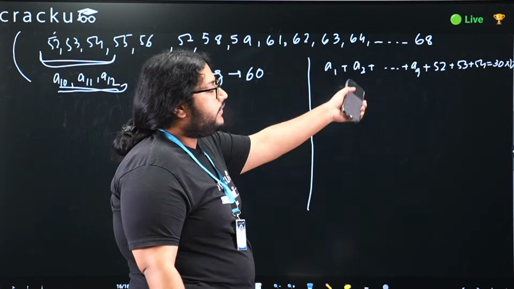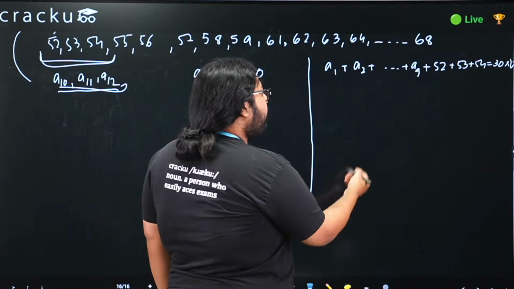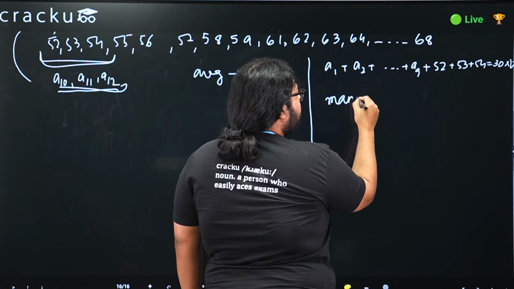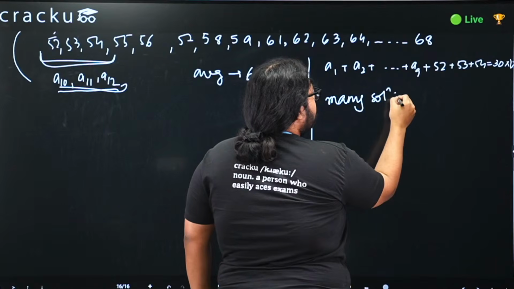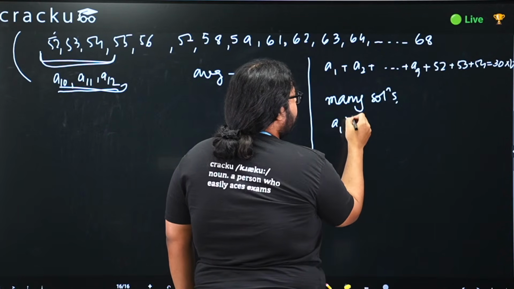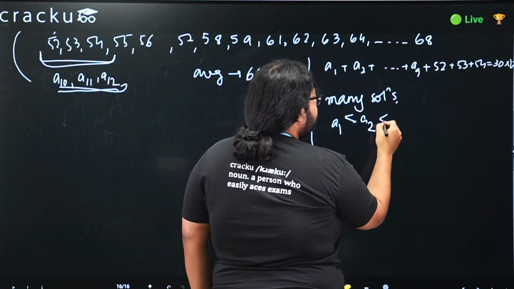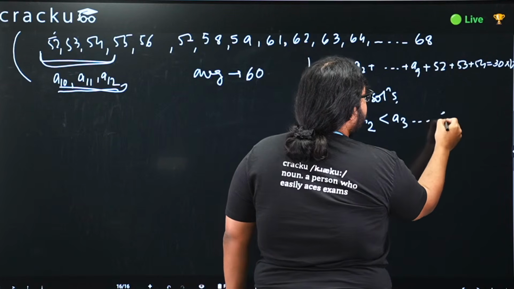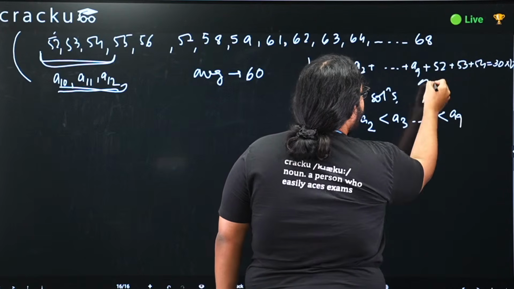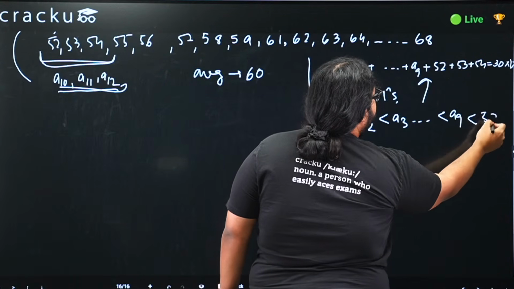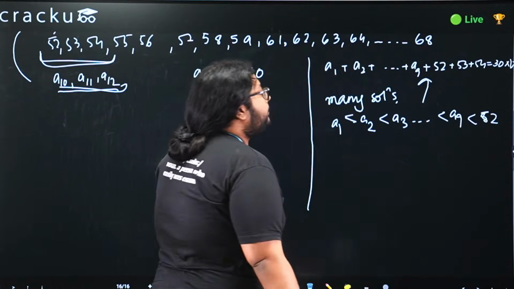This one will have many solutions, such that A1 is less than A2, less than A3, less than A9, and all of this is less than 52.